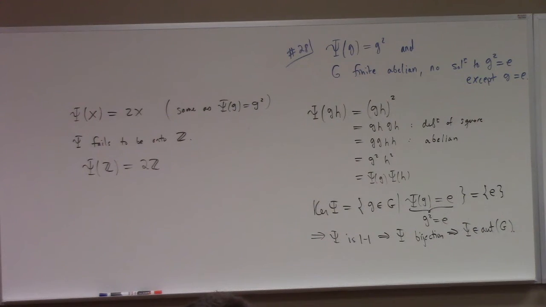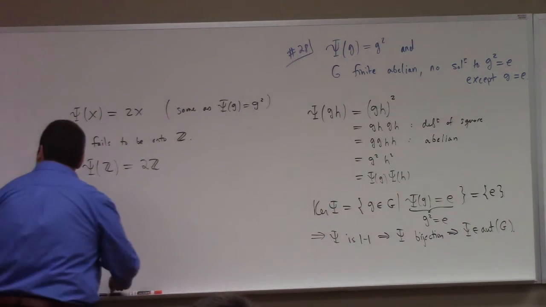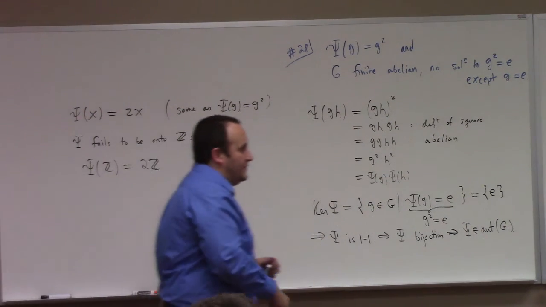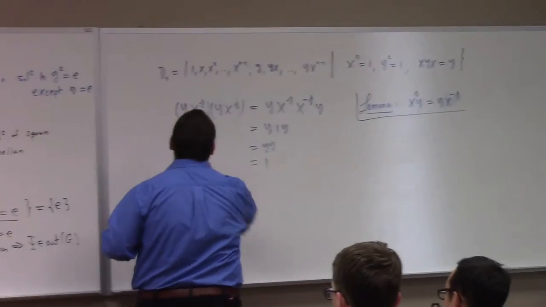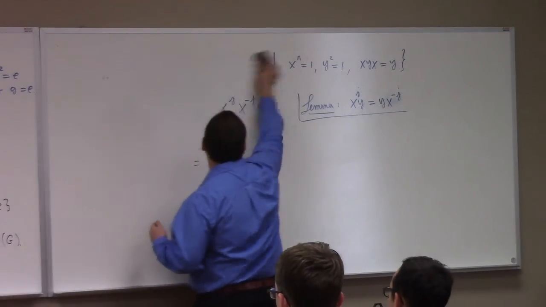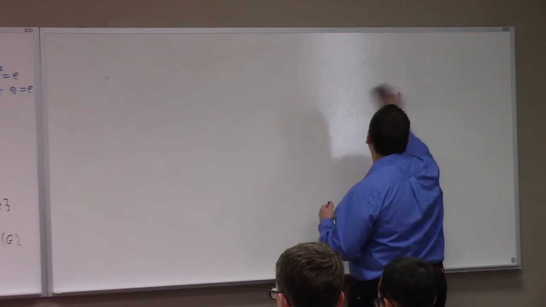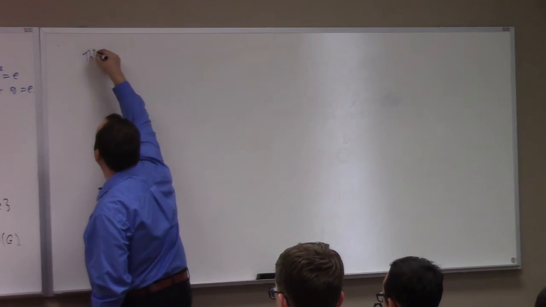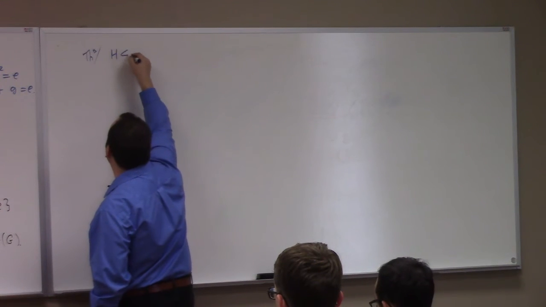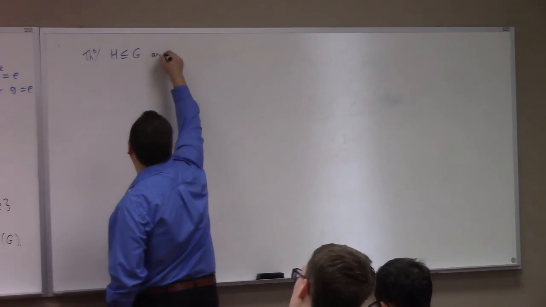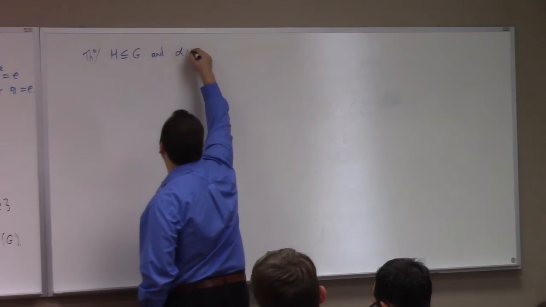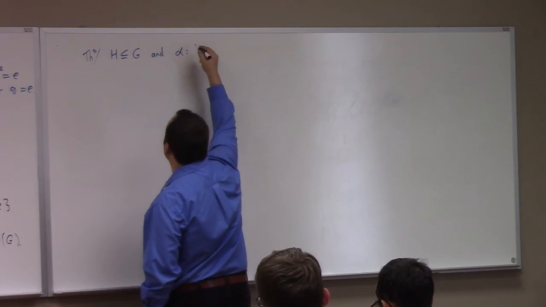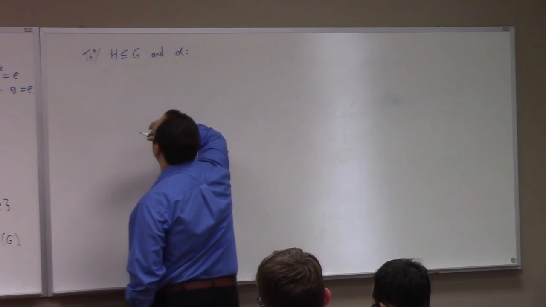So, guys, how would you prove the image of a subgroup is a subgroup? Here's a theorem. H is a subgroup of G, and suppose we've got alpha. I'm sorry, I need something a little more specific.